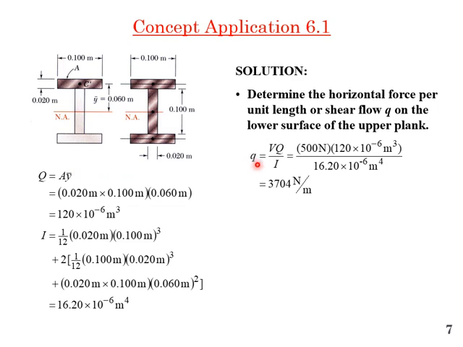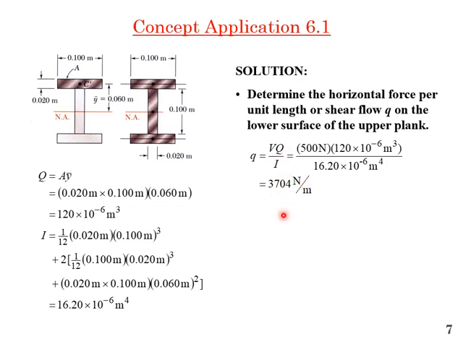Now we know the shear force, 500 Newton, that is supplied constant. Q we calculated, that is 120 × 10 to the power minus 6 meter cube, and we calculate I. So putting the values, we have a shear flow of 3704 Newton per meter.